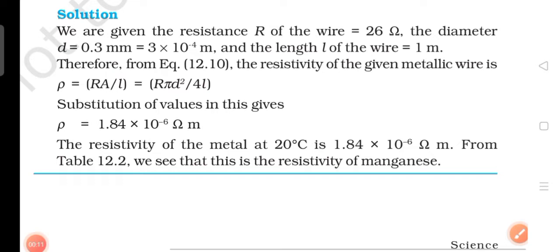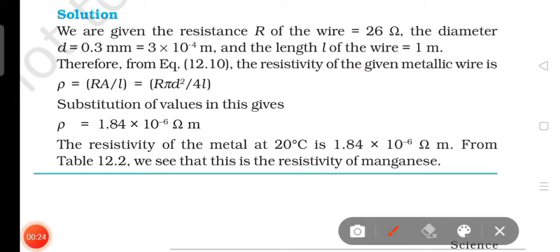So according to that, rho equals R pi d square upon 4L. Substituting the values you will get rho equals 1.84 into 10 to the power minus 6 ohm meter. So you can understand here that the resistivity is 1.84 into 10 to the minus 6 ohm meter, and it is of manganese.